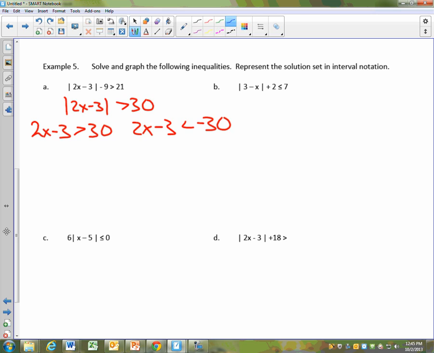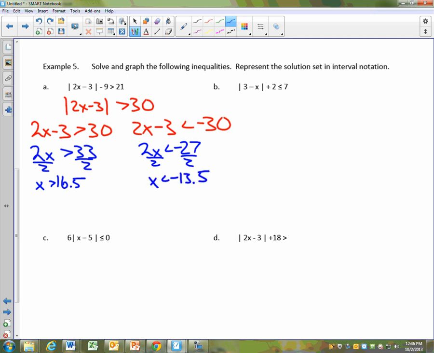So I just solved these independently of each other. 2x is greater than 33. Divide both sides by 2. x is greater than 16.5. The other one, if we add 3, we get 2x is less than negative 27. Divide by 2. x is less than negative 13.5.